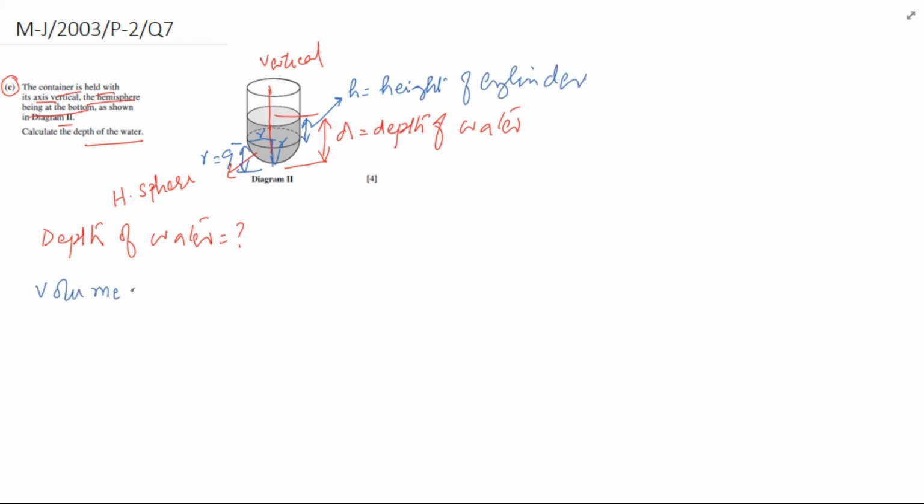Volume of water is equal to 972π as we have shown.